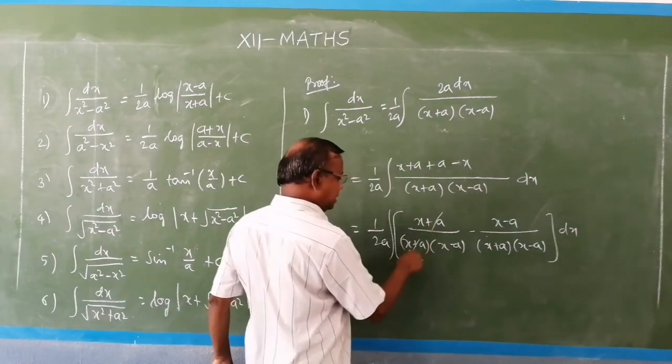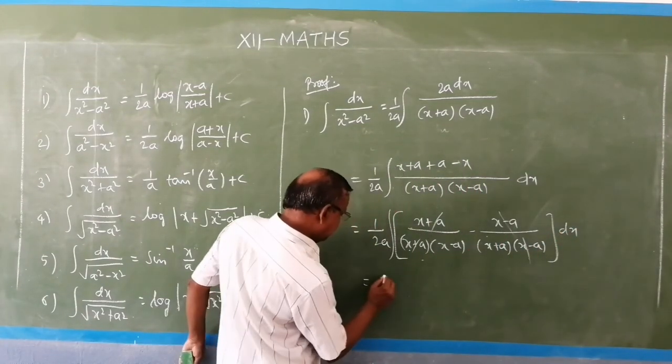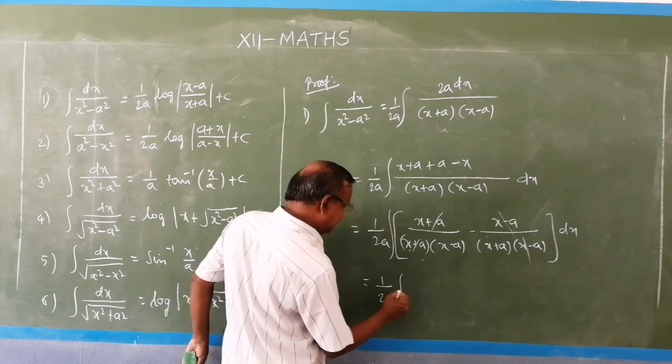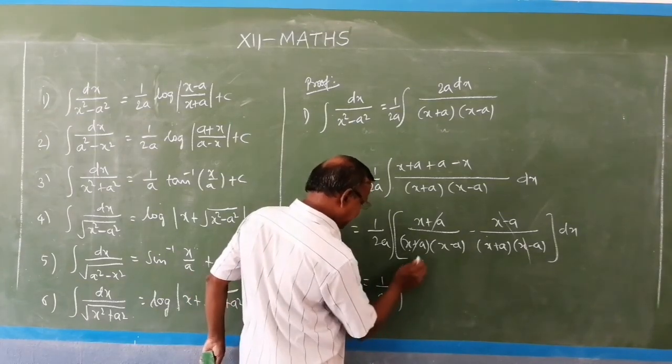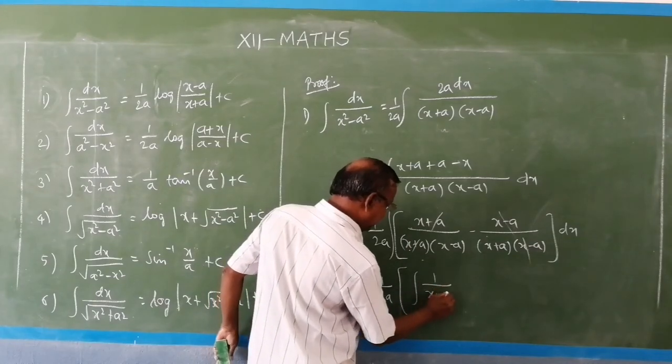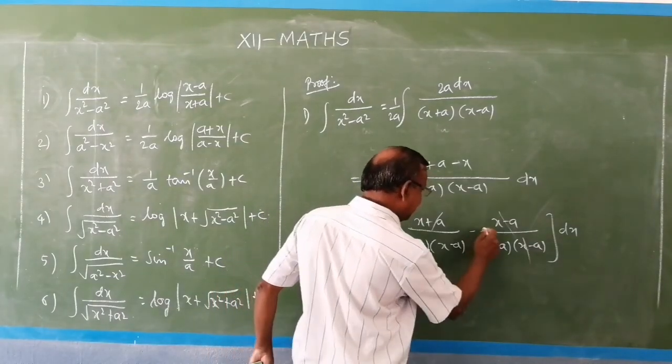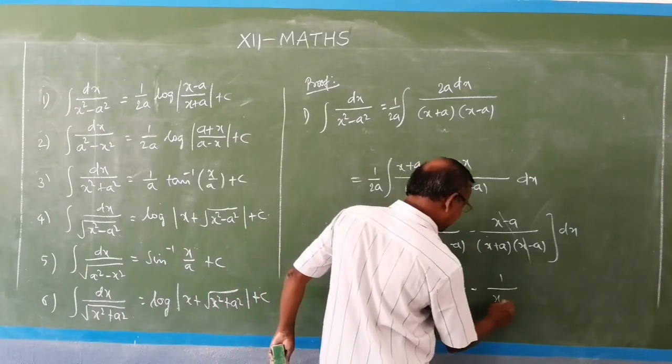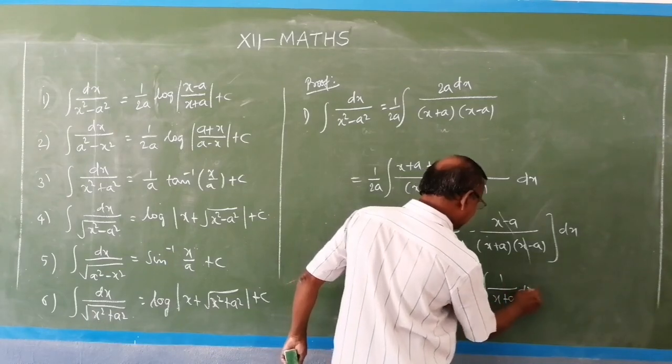Now this is nothing but 1 by 2a into integral 1 by x minus a into dx minus 1 by x plus a integral dx.